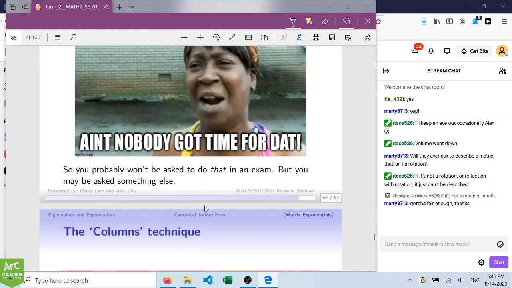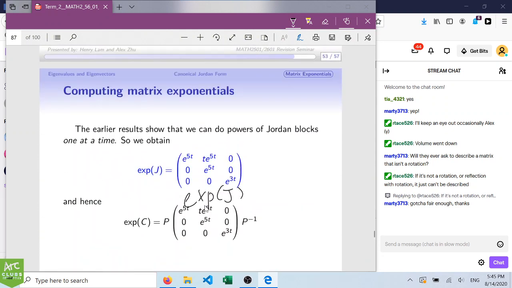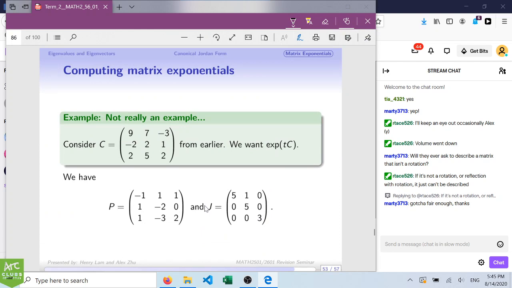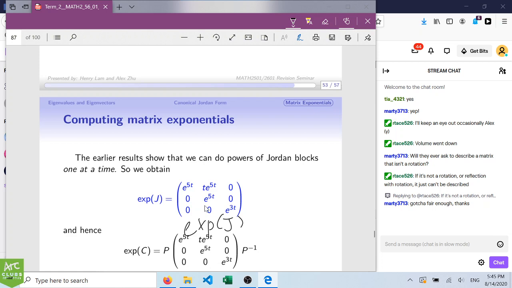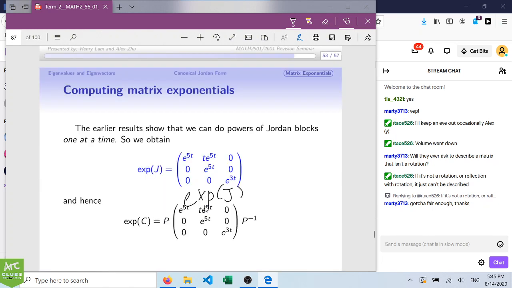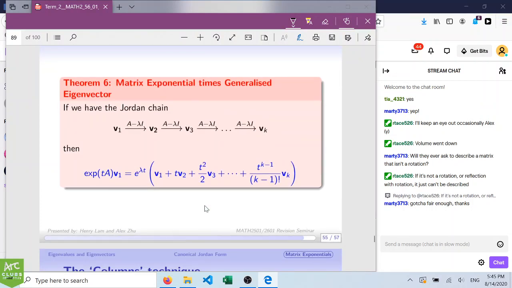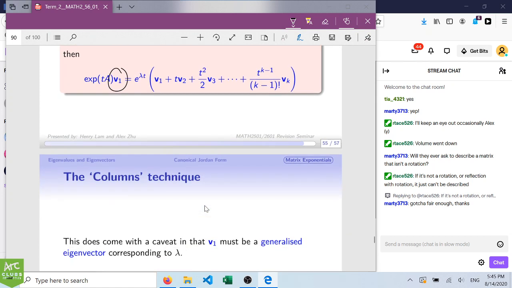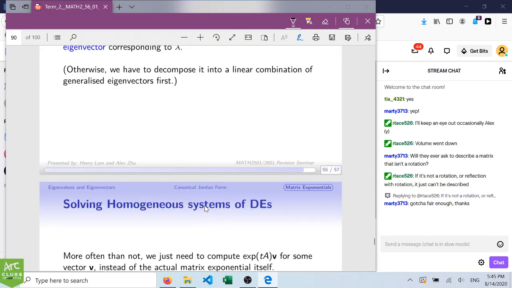So we don't really need to do that for the matrix exponential, because for most applications of the matrix exponential, we're not really interested in the exponential of tC itself, but rather in applying it to a vector. So we don't need to compute the entire thing. That's pretty much the idea.